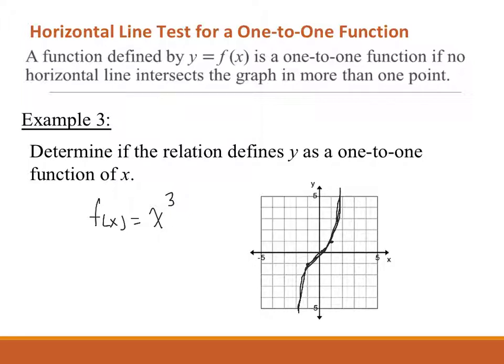So now we're going to see if we do a horizontal test at various points, and if we cross the function at only one point, we have a one-to-one function. And in this case, f of x equals x cubed is one-to-one.